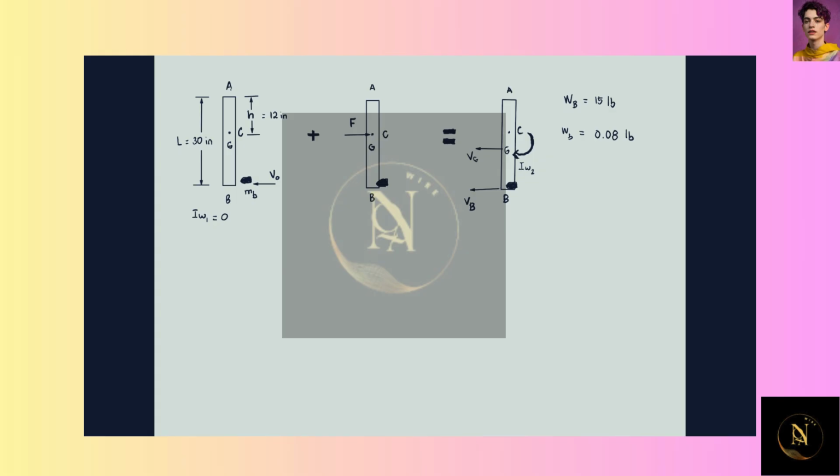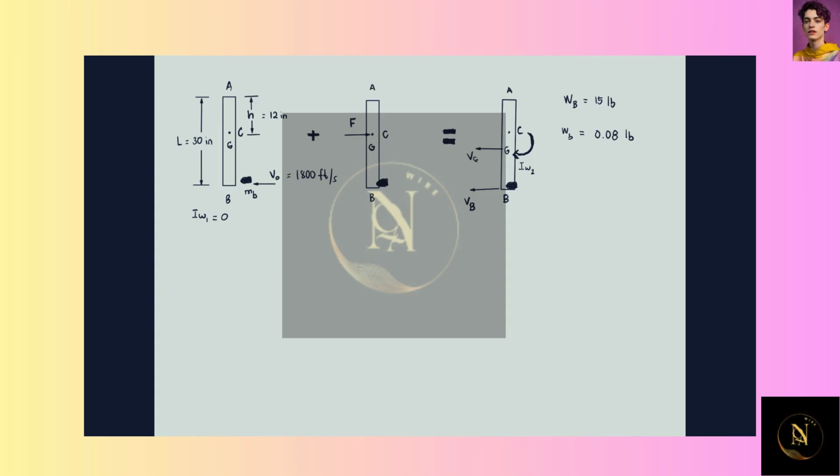So the bullet with a mass m_b and a speed v_o, which is equal to 1,800 feet per second, approaches the lower end of the bar, which is at rest, at point B. Since the bar is initially at rest, I omega 1 is equal to 0.